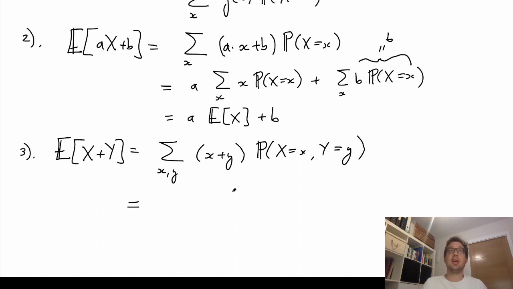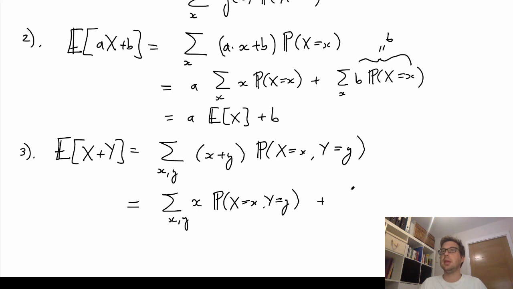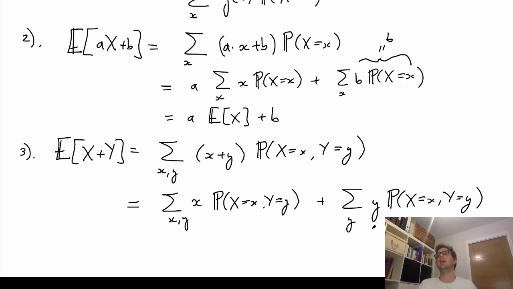So now I can separate this out into two parts. I can look at the sum over x and y of x times the probability that X equals x and Y equals y, plus the sum over y of y times the probability that X equals x and Y equals y. And notice, I sum over x here; if I sum out the values of y over here, what I'm doing is summing out all the possible things that can happen.